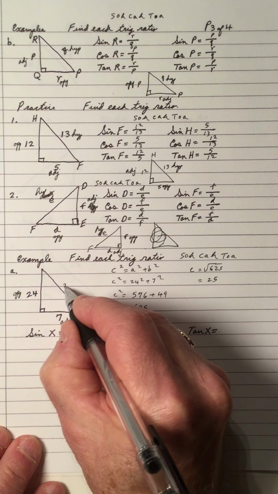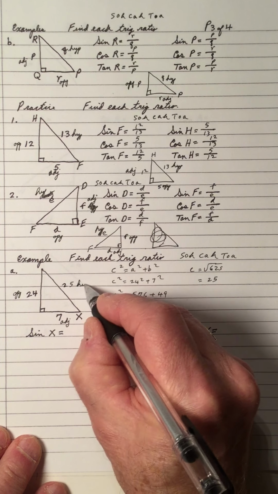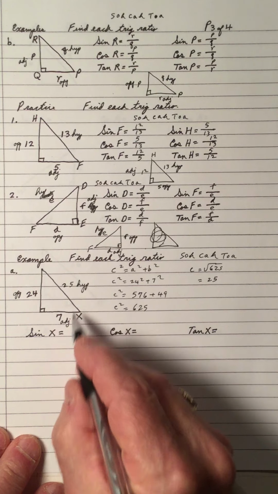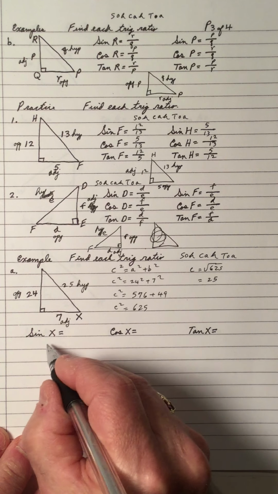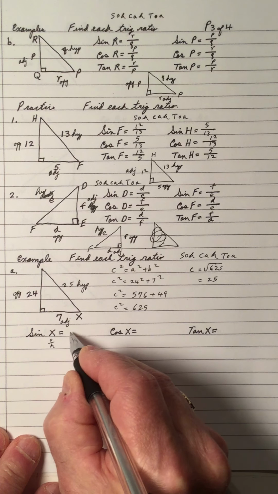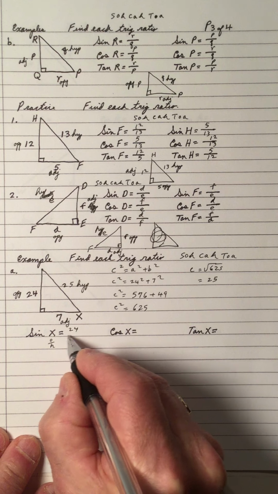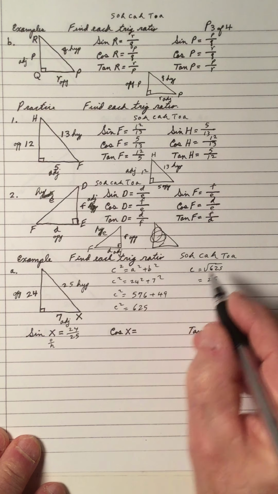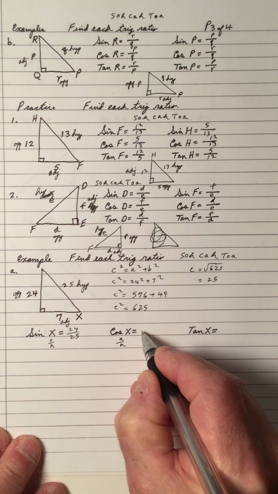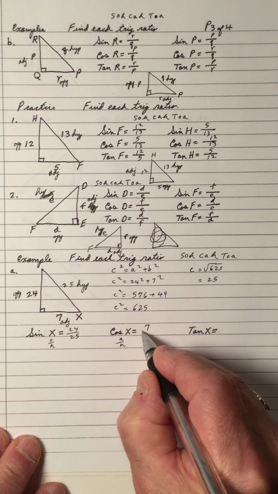So now we have a 25 for the hypotenuse. So that's the hypotenuse that I had to figure out. And now I can do sine is opposite over hypotenuse. So it's sine of x, opposite is 24 over hypotenuse is 25. Cos is the adjacent over the hypotenuse, and the adjacent side is 7 over 25.